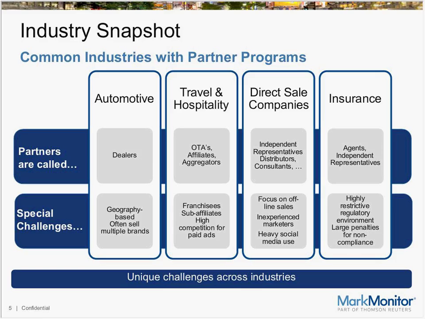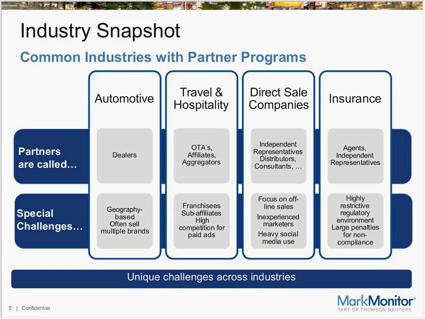Now, looking at these 4 industries, you could also bucket them into 2 really broad categories that your company may fall into. Automotive, travel, and hospitality fall under a dealer model or franchise model. And then direct sale companies, insurance, maybe some finance, real estate, fall under an agent model, where you have an actual person that is offering the products to be sold to other people, a lot of times in person.